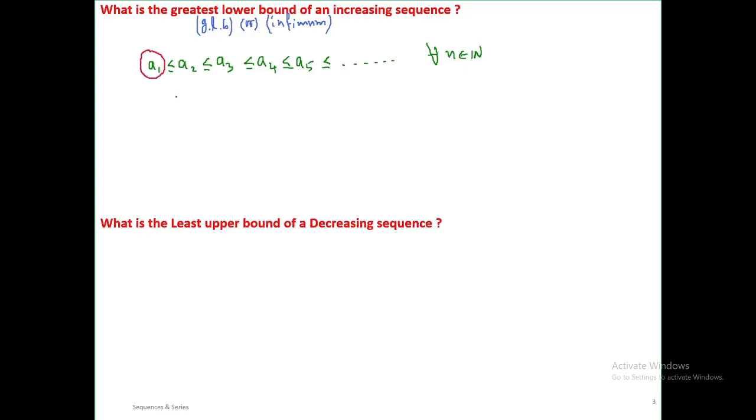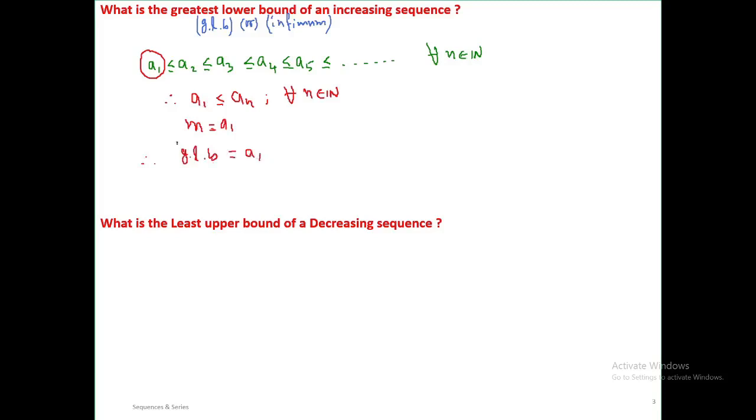So can I write a1 is less than or equal to an for all n belonging to the natural number set? Here my small m is like a1 now. So it is a lower bound, and that is particularly the greatest lower bound. Therefore the infimum or greatest lower bound is simply a1.